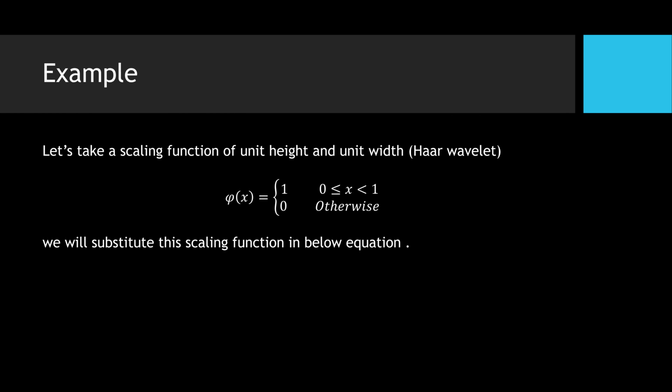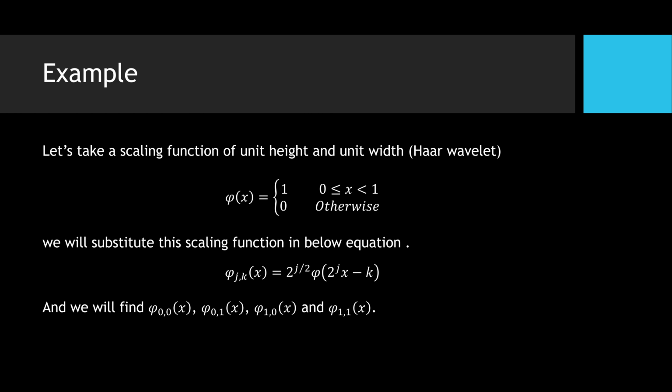We will substitute the scaling function in this equation and try to obtain psi of 0 comma 0 of x, psi of 0 comma 1 of x, psi of 1 comma 0 of x, and psi of 1 comma 1 of x. Here psi of 0 comma 0 of x and psi of 0 comma 1 of x belong to V0, and psi of 1 comma 0 of x and psi of 1 comma 1 of x belong to V1, and V1 has a higher resolution compared to V0.